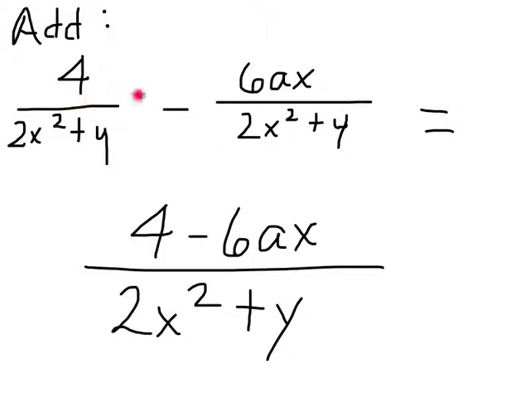But 4 and 6ax cannot be combined because they are not like terms. 4 is a term all to itself. 6ax is a completely separate term. This all stays together, so it cannot be added to 4. So the only thing you can do is put 4 minus 6ax, again, no space left in between, over 2x squared plus y.